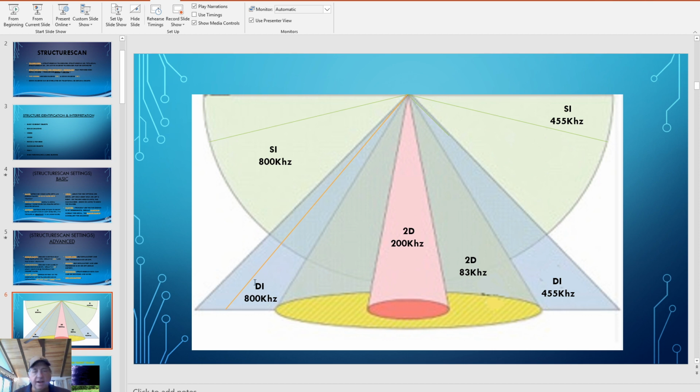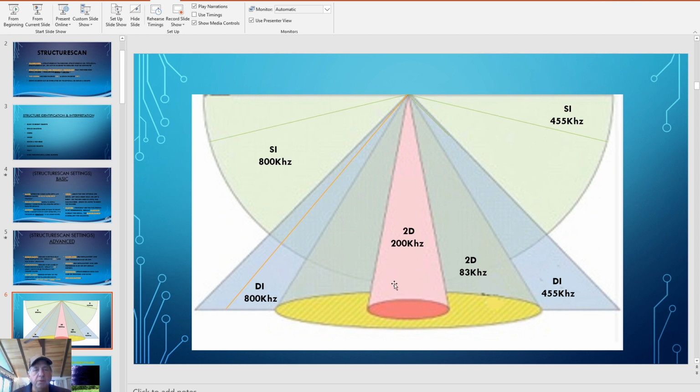Same thing is true on down imaging. You could have a fish sitting right over here and be on 800 kilohertz and you're not going to see it. But if you were to change to 455 kilohertz, giving you that wider cone angle, that wider coverage area, you would.